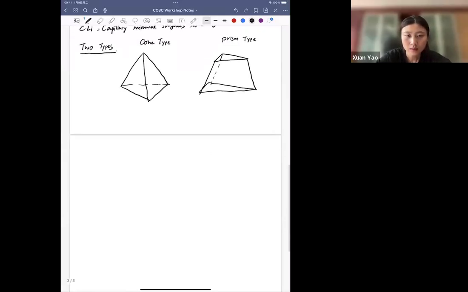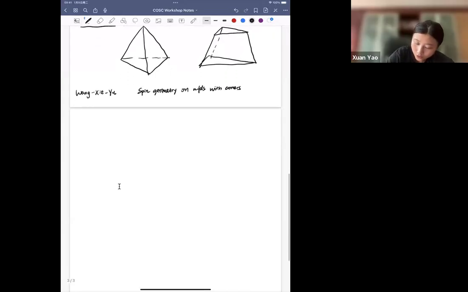This method using capillary minimal surfaces is closely related to our work. Wang and Xie developed spin geometry on manifolds with corners to prove Gromov's conjecture.